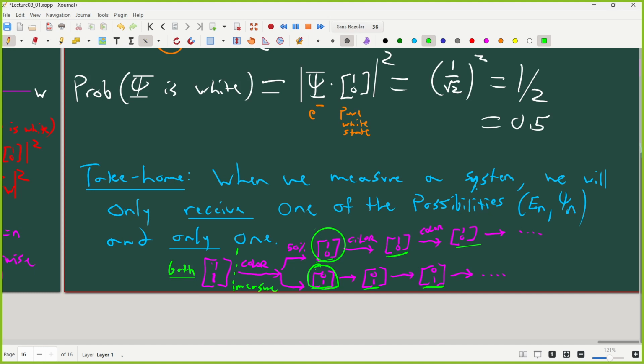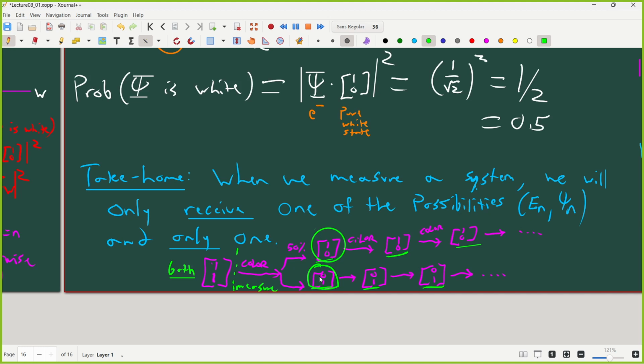We never see a 1, 1 electron. What a 1, 1 electron means is that there's a 50% chance it comes out white or 50% chance it comes out black. So it's not really fair to say it's a black plus white electron, because that means we're using our eyes and saying it's half black, half white. But you can't do that, because the electron is going to come out as either a white or a black, not both.